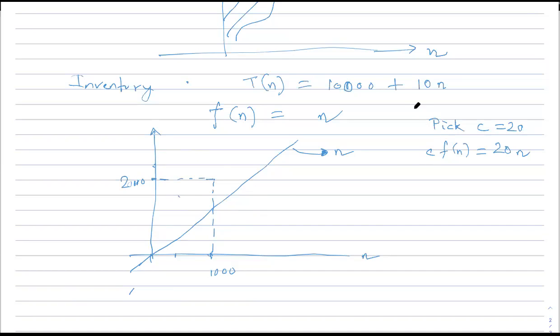And the y-intercept for this is going to be, n equal to 0, then it's going to be here 10,000. So this curve goes something like this, right? It's a positive slope. So this is the plot for t of n, right?